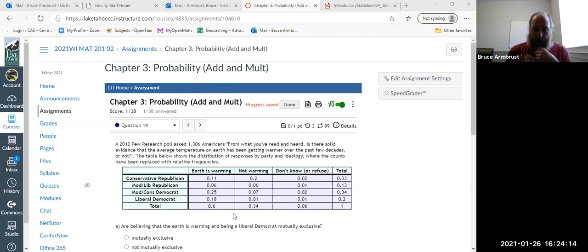These numbers tell us how many people thought the Earth was warming. So 60% of the people that they talked to thought the Earth was warming. 34% think it's not warming. 6% don't know.